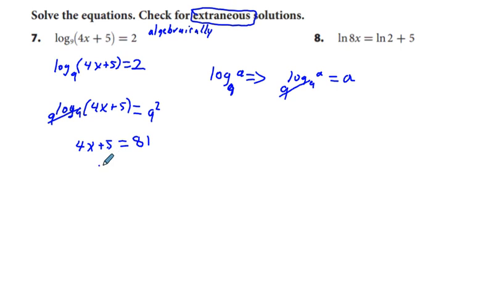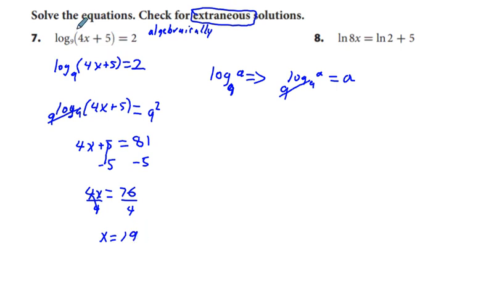And then we can go about continuing to solve by subtracting 5 from both sides of the equation. We get 4x is equal to 76. Now we can divide both sides of this equation by 4. So we get x is equal to 19.